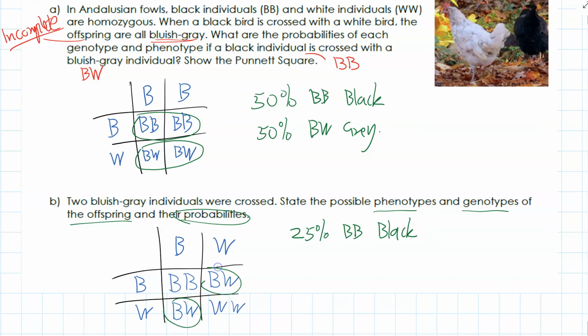These two here, they're heterozygous, so that's 50% because it's 2 out of 4. Will be BW, and they are going to be grey chickens. And then 25% will be white, which is WW.